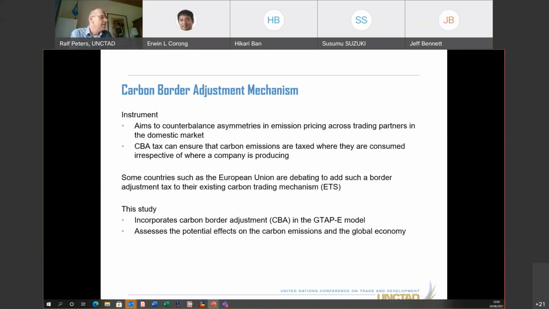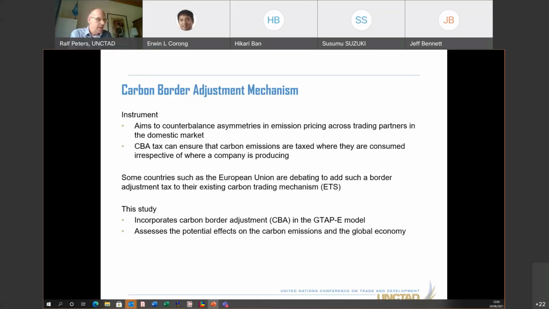And the idea is to tax imports, or the carbon emission content in imports, so that effectively the consumers are taxed rather than producers. So in a way to level the playing field for domestic producers that have to pay a higher price in the existence of taxes or trading systems.